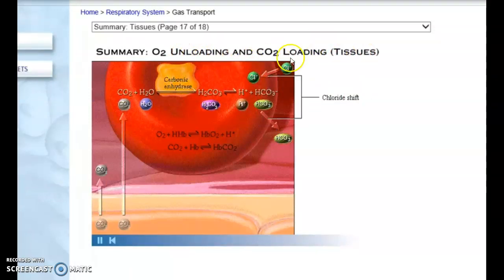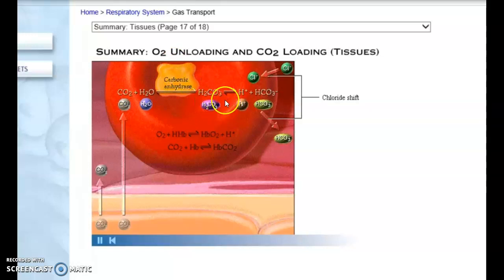Now again, unloading and loading, as I've said several times, all have to do with what's happening in the blood. What's unloading from the blood in the tissues? Well, oxygen is. What's loading into the blood at the tissues? Well, carbon dioxide is. So 7% of carbon dioxide just goes directly into the plasma. 70% of carbon dioxide goes from the tissue through the plasma into the red blood cell, where it joins water, and what catalyzes that reaction is the enzyme carbonic anhydrase, which puts those together and forms carbonic acid.